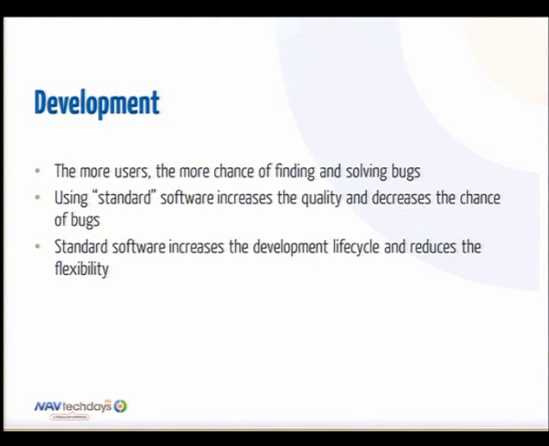And standard software also increases the development life cycle and reduces flexibility, because if you buy something at an ISV and you want to change it, of course, most of the time you can go in and change it yourself. But of course, the correct way is to go to that ISV and discuss the problem with him and see if they can make the change in the next release. But of course, that's not as flexible as we are used to, right? So go to a customer and change it and then shake hands and go away.